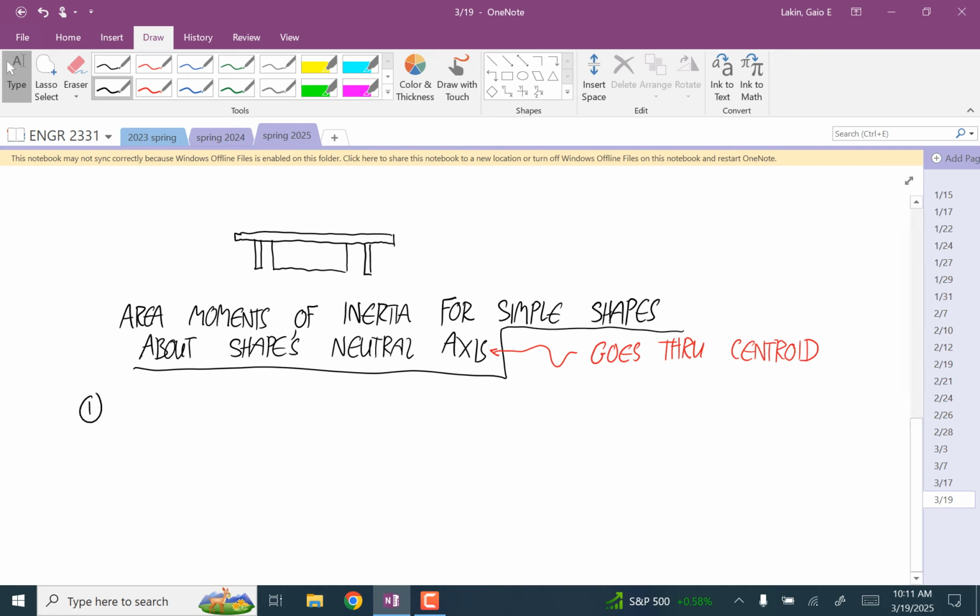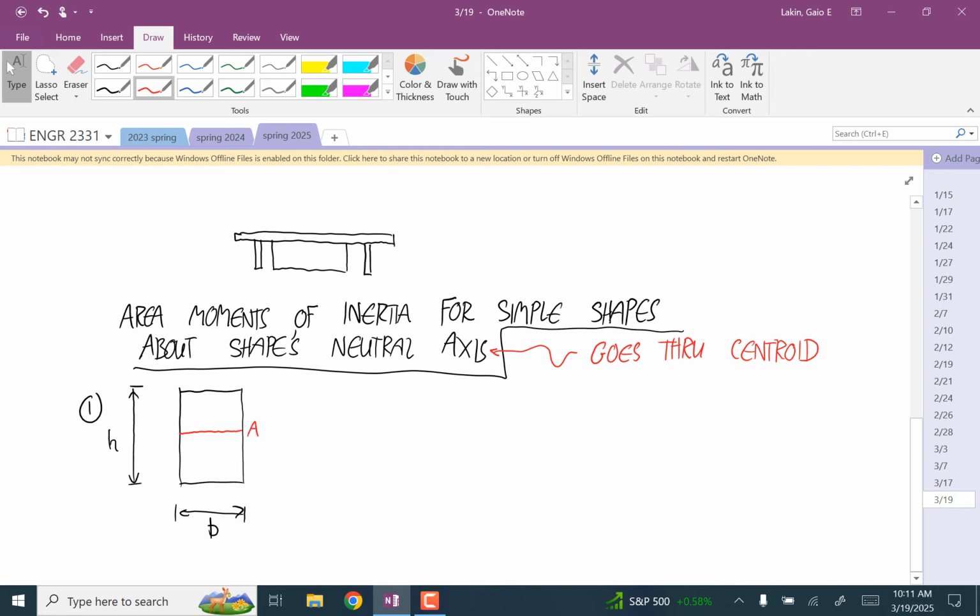Okay, so the first one is a rectangle. This is the one we did the integral for. So let's say that we have a height h and a width B for base. And the neutral axis goes through the centroid, so it's like that.